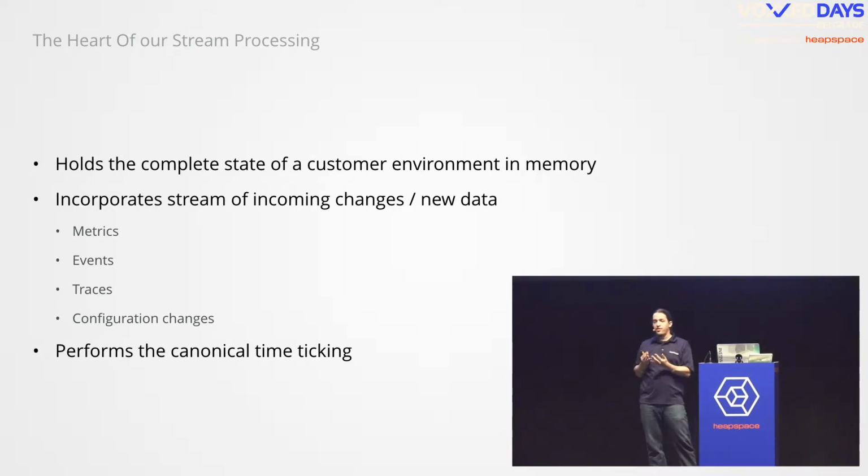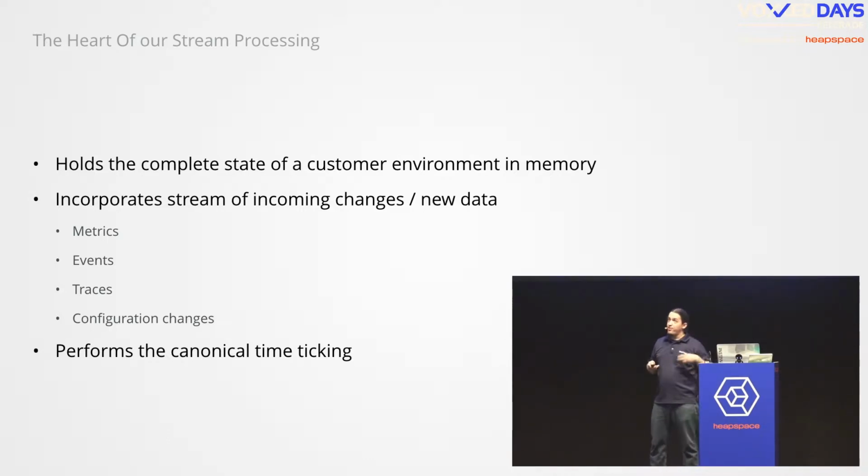And whenever data is coming, it incorporates it in that global state. So there's a continuously updated understanding of how the customer's environment looks like. And just using the deltas to apply to it is really helpful. So you don't need to rebuild the whole understanding every time something comes in. You just keep it rolling updated.